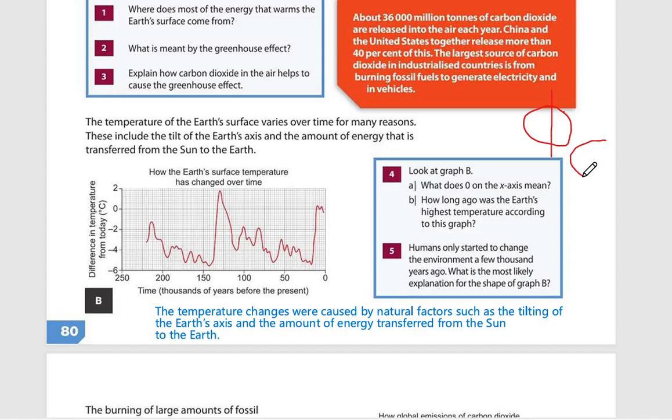The Earth is actually like this. Let's say there is an axis, and this is exactly 0. But our Earth is tilted a little bit. Tilted means the Earth's axis is actually going from here. This is the Earth's axis. So how many degrees is it tilted? 23 degrees tilted.